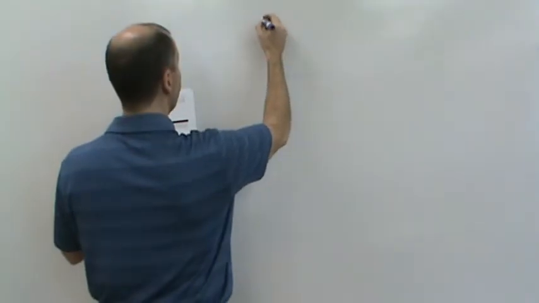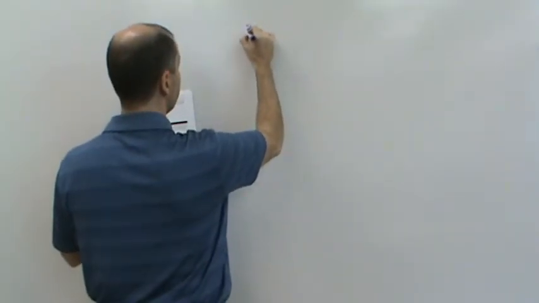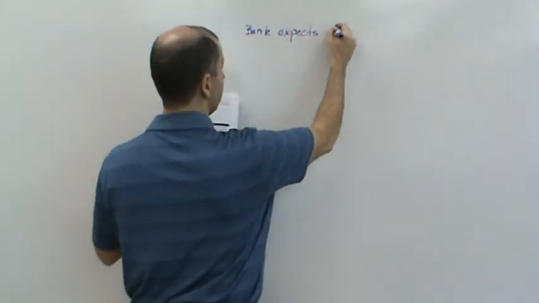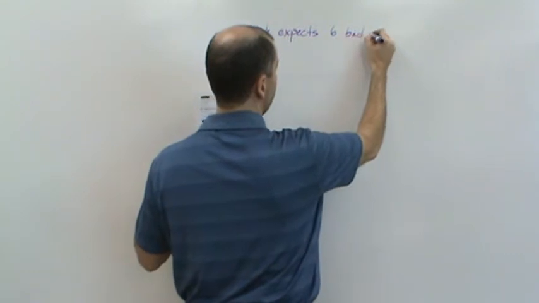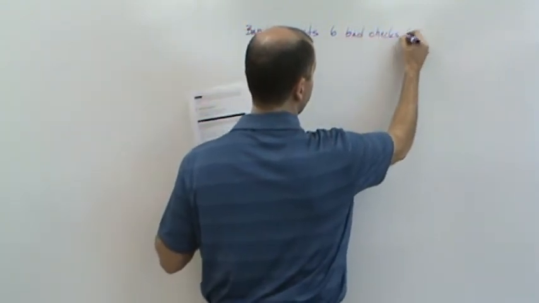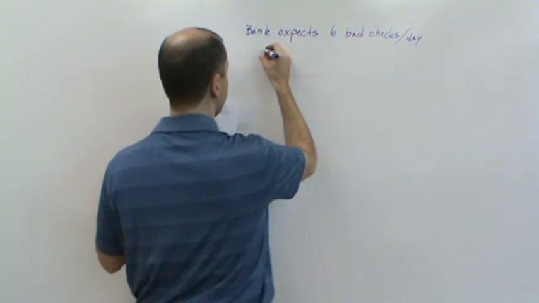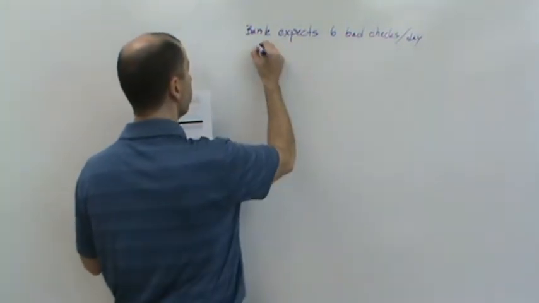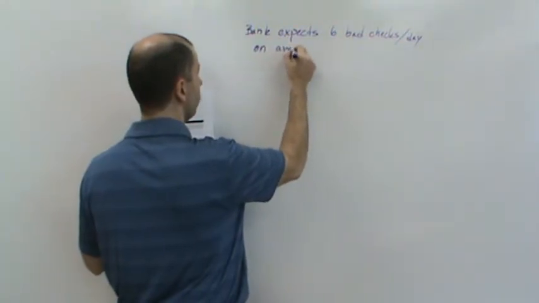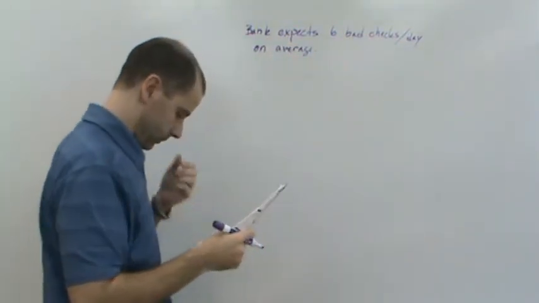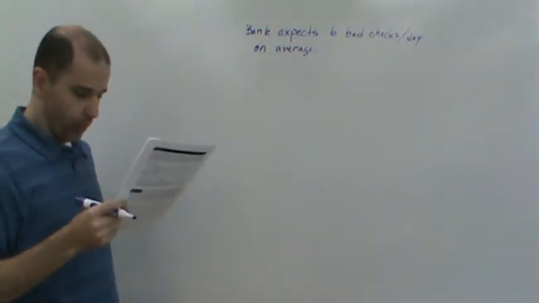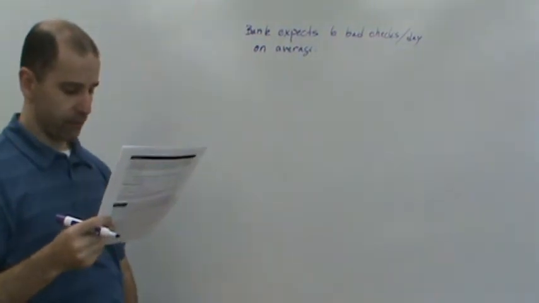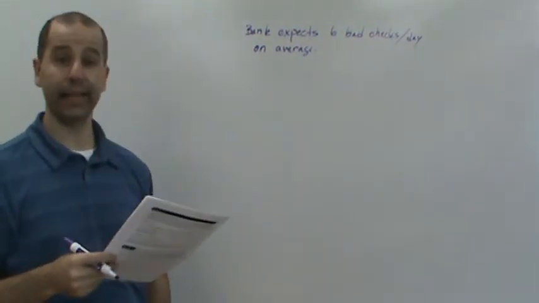So, a bank expects 6 bad checks per day on average. What is the probability of a bank getting fewer than 5 bad checks on any given day.